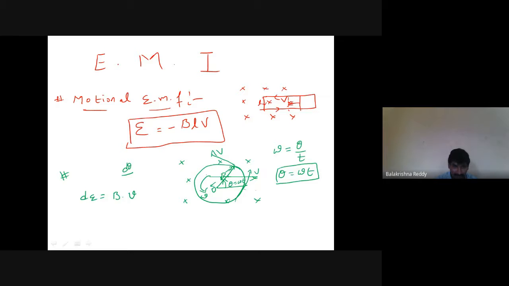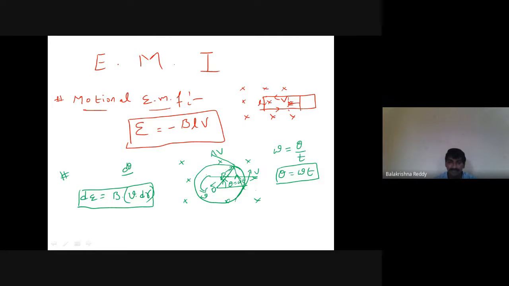So I can write B into v into dr. V for velocity, dr for the length. Here the velocity of the particle from here to here has changed, right? That means linearly it has displaced from here to here, so linear displacement dr we are taking. Differentiating this, I get dE equal to B into V into dr. This is the small EMF when the particle has displaced from one place to another place.